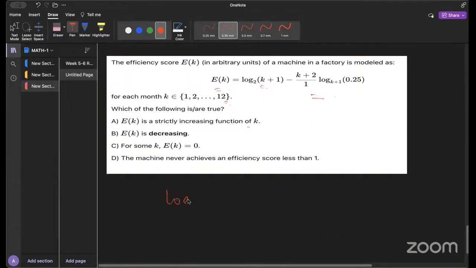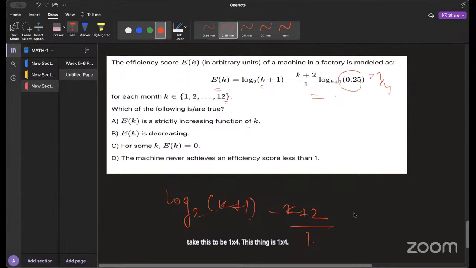Let's just have a look at this thing. Plus 1. Take this to be 1 by 4. This thing is 1 by 4. Log.